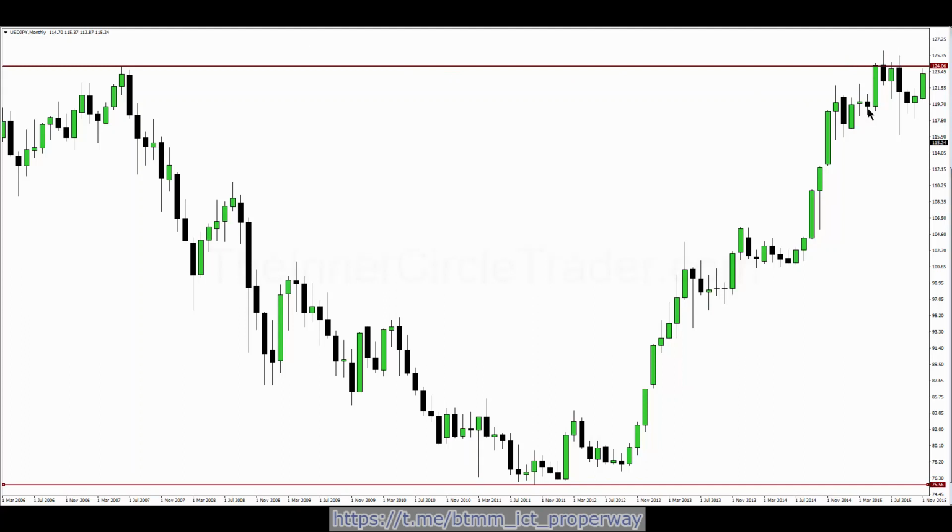So price, at this point, we know we have the equilibrium down here, but more importantly, we have clean lows right below there. So we would look for a move that could potentially come down to that level.